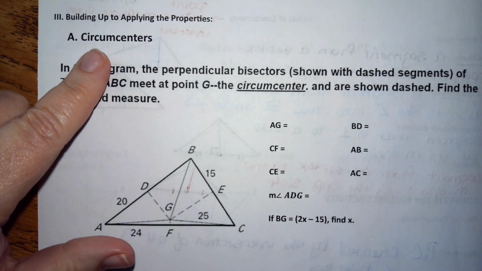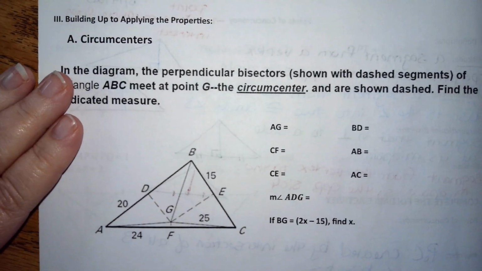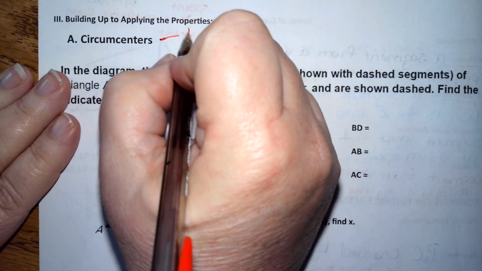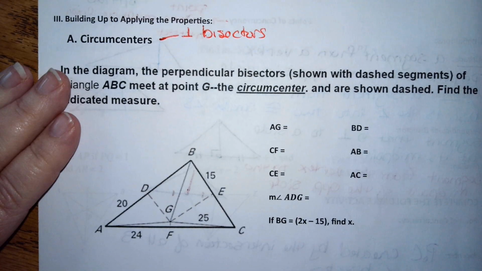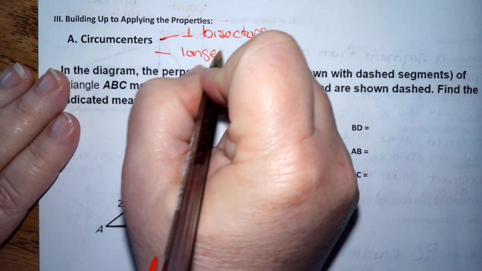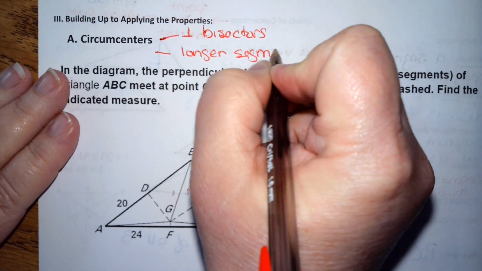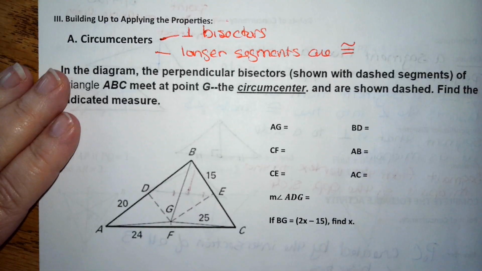So here it's called circumcenter. So if it's called a circumcenter, what are we working with? The circumcenter is made up of the perpendicular bisectors, and the longer segments are congruent.